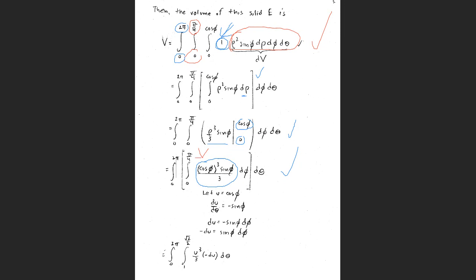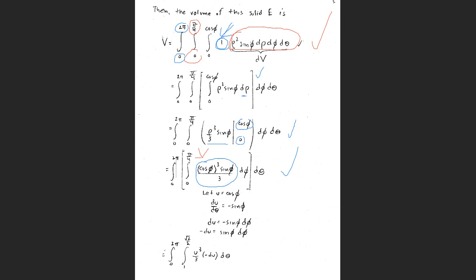Well, they say it equals negative the quantity cosine phi to the 4th power over 4, and that is true. That is the antiderivative.